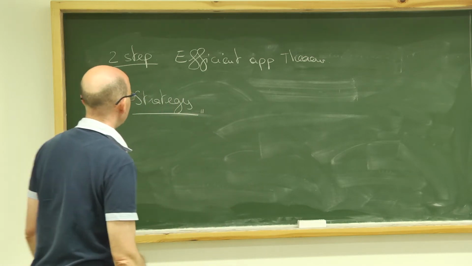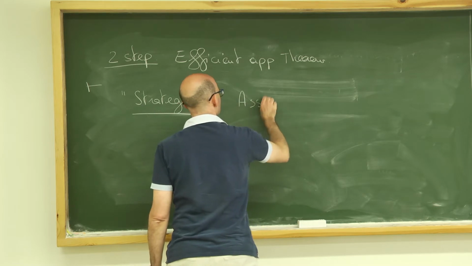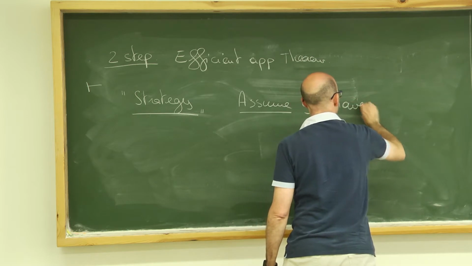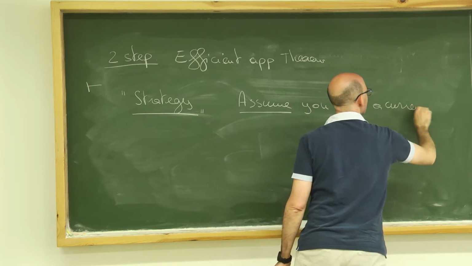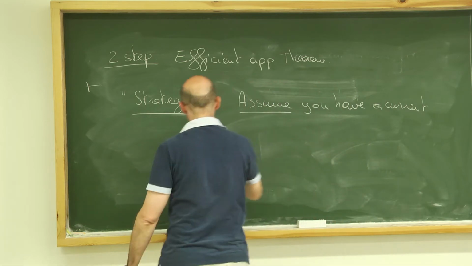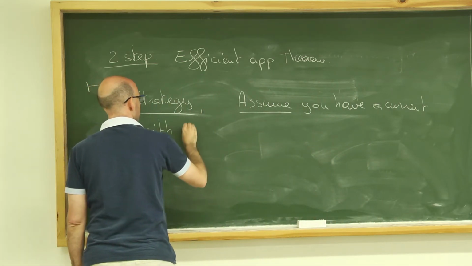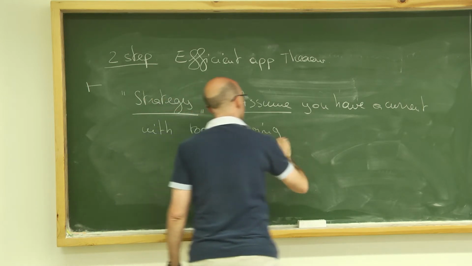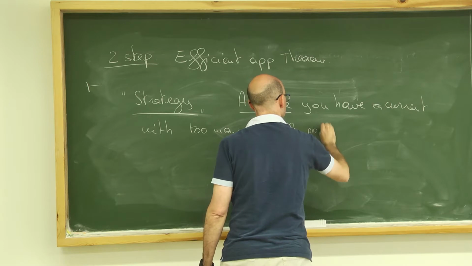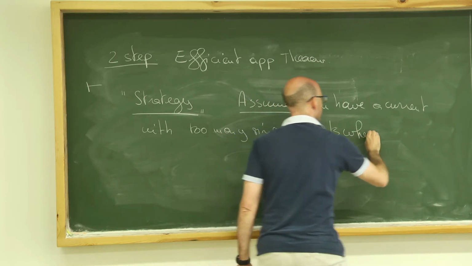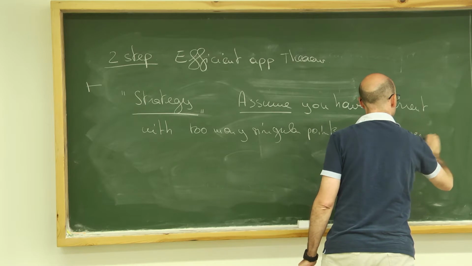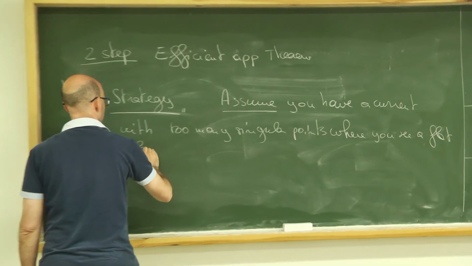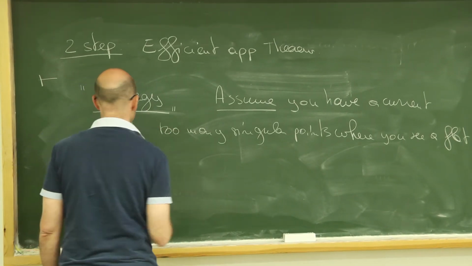Assume you have a current with too many singular points where you see a flat plane of multiplicity 2 as one of the possible tangent planes.